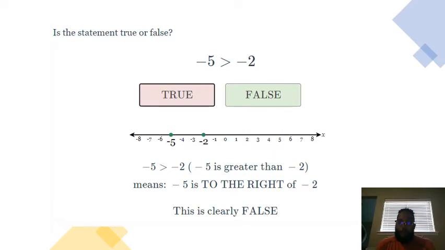If you owe $5, then you have less money because you owe more money. It's in the negative, right? So negative 5 is not greater than negative 2. Negative 5 is less than negative 2. The negative 2 is to the right, so negative 2 is the greater number.